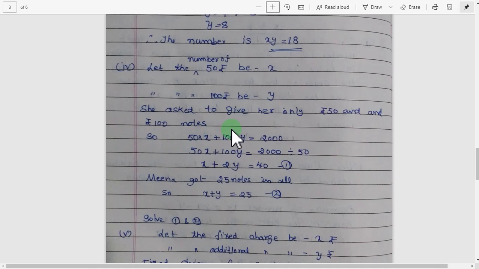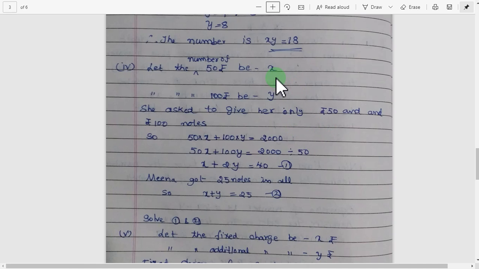So why is it 50 into X? Imagine that you have withdrawn 100 rupees in 5 rupees notes. How many notes will you get? How many notes to make it 100? 20 notes you need, right? 20 notes of 5 rupees.